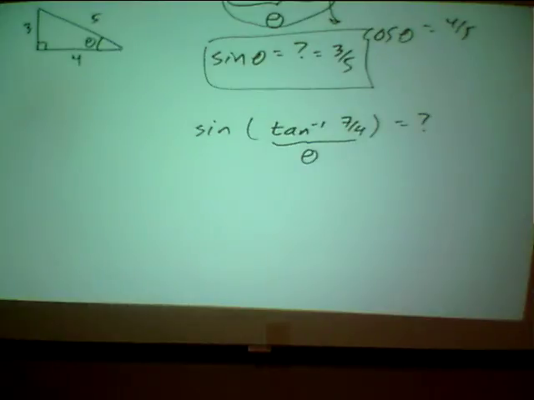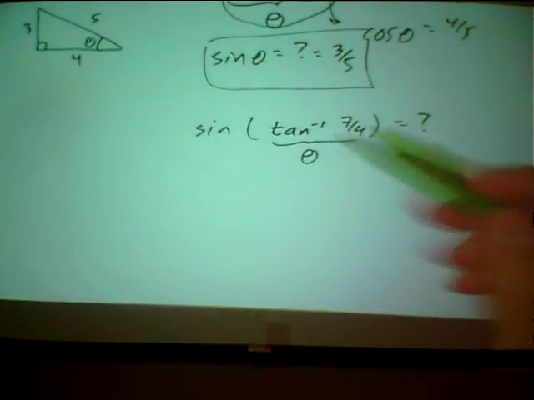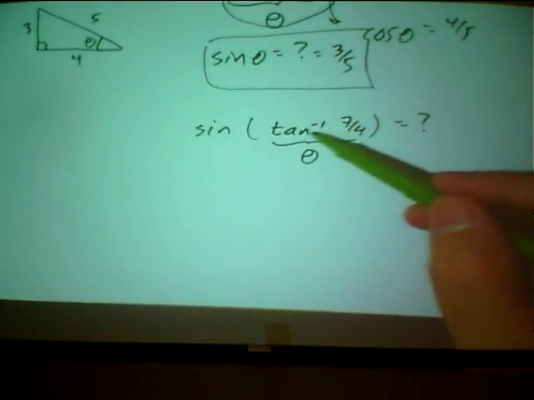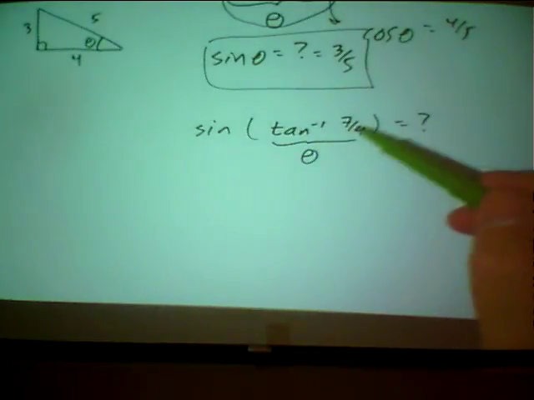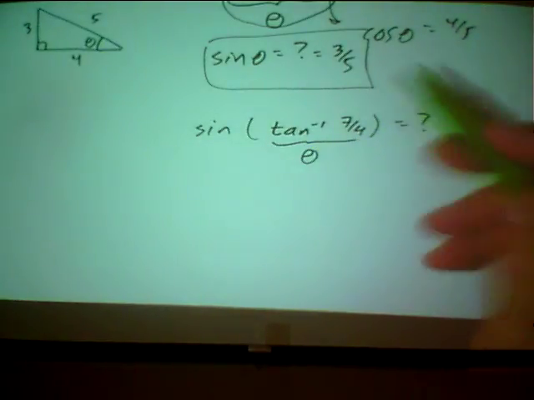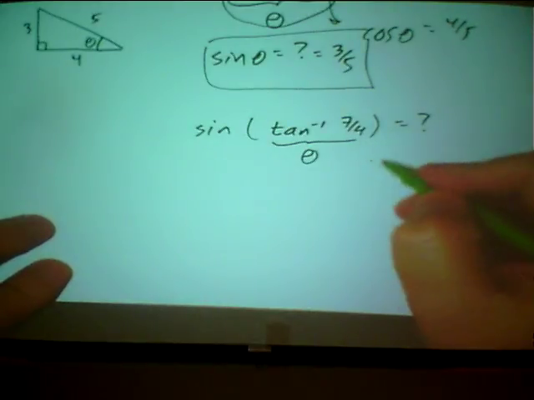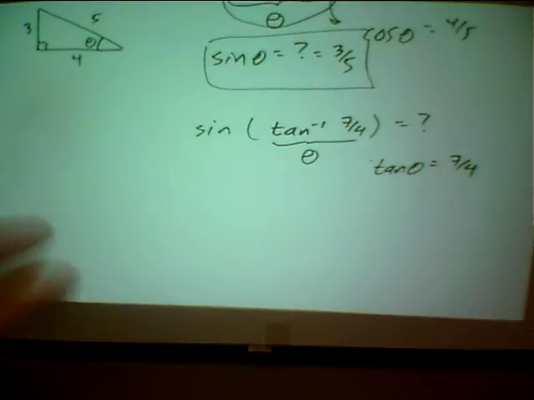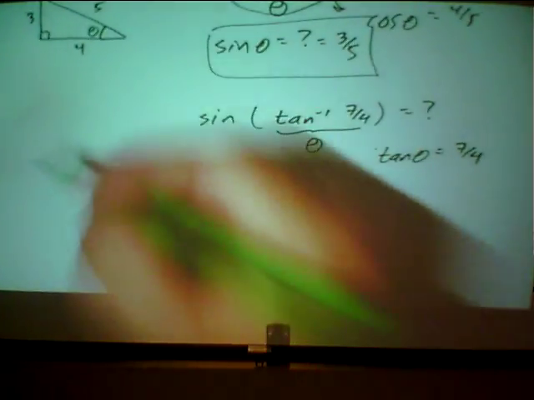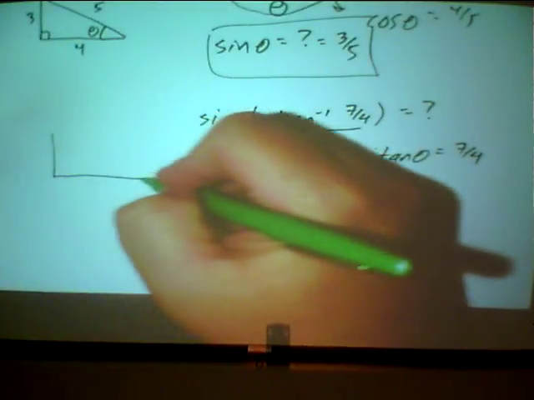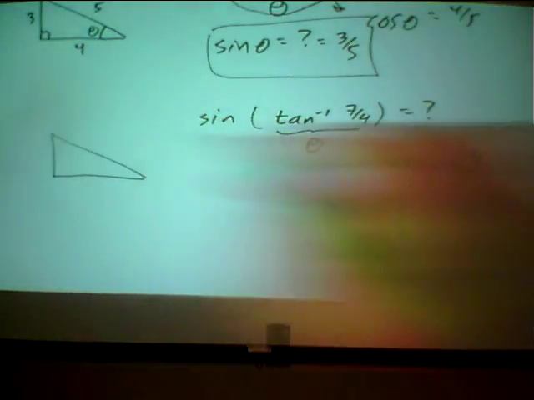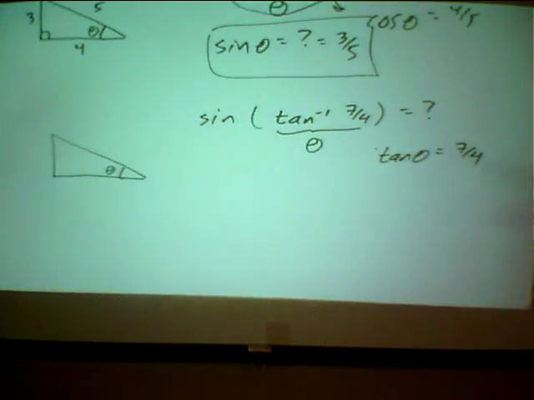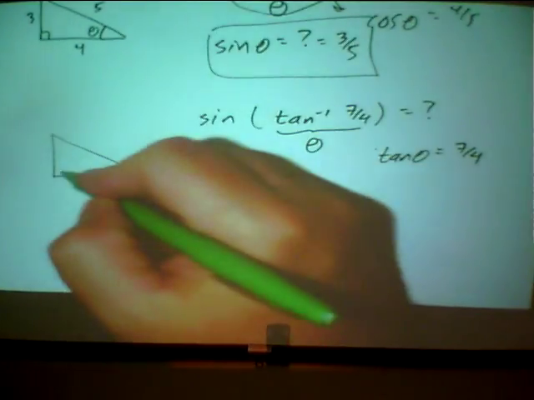I can ask myself, let's find an angle whose tangent is 7/4, but I have no idea what that is. However, with this information, I can create a triangle that has theta in it. Tangent of theta is 7/4.